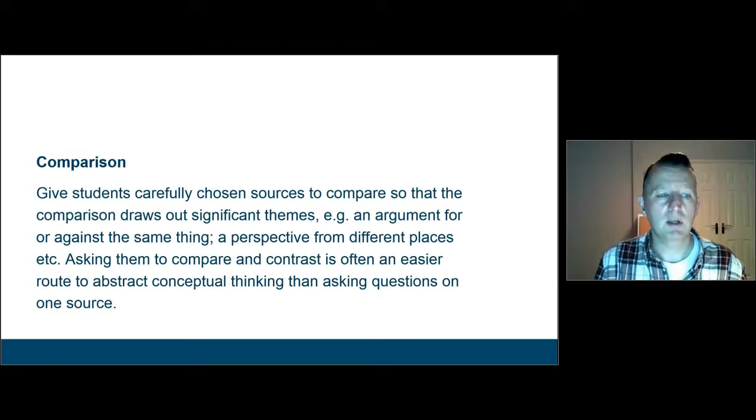This was driven home by a colleague who was watching a student teacher lesson on trying to decode the symbolism in the covers of books, and asking a 14-year-old to comment on the symbolism on the cover of a book is very difficult.